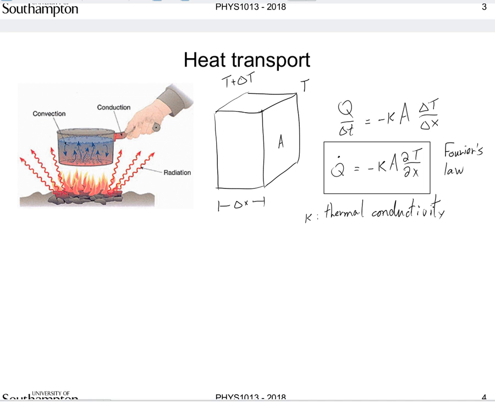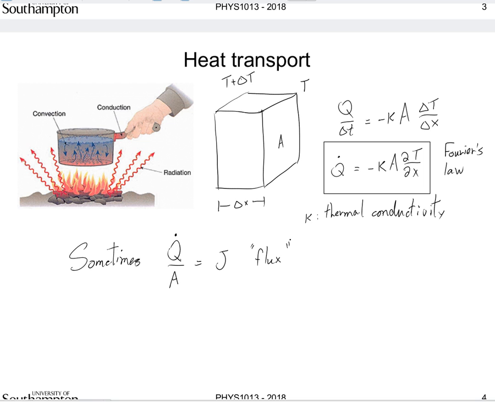Sometimes you're going to see another version of this law where Q dot, so dQ/dt, you're used to this dot notation for a time derivative, right? Q dot is divided by the area, and then you define this as a flux.